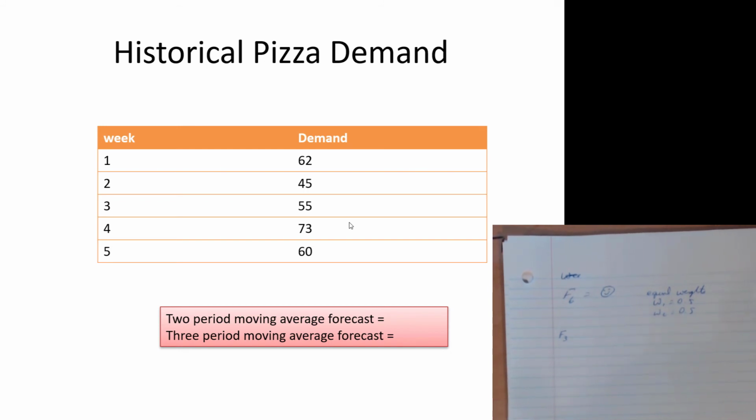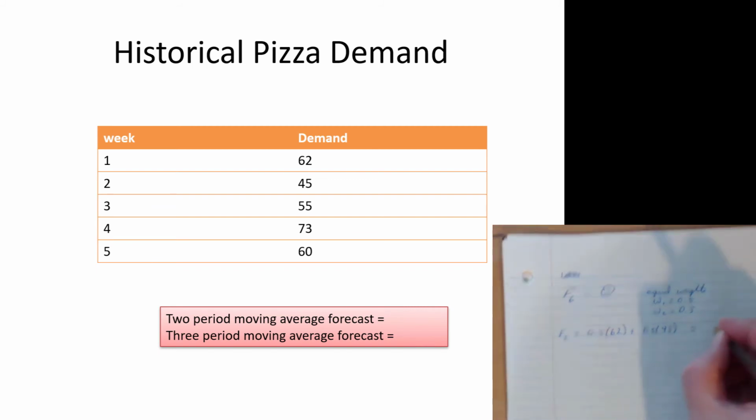We make a forecast for the period that hasn't happened yet. So the earliest forecast we can make is for period 3. And so 0.5 times the week 1 demand, which is 62, plus 0.5 times the week 2 demand, which is 45. And that gets us our week 3 forecast.